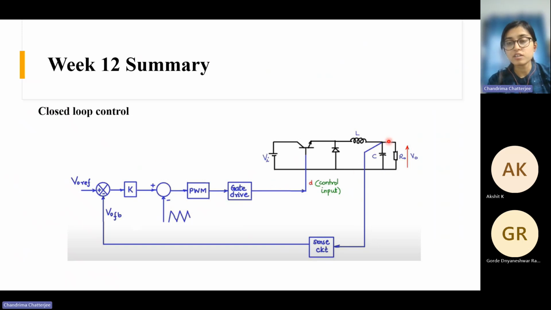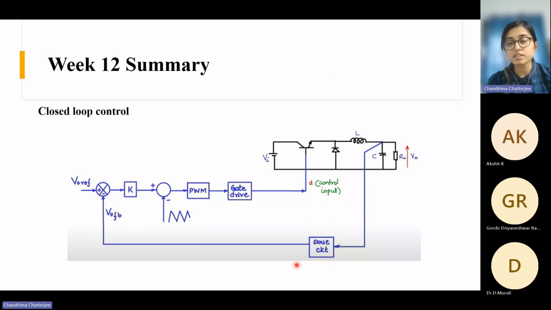So first of all, here there is a sensing circuit. The sensing circuit is required so that, suppose you want to regulate the output voltage, you will sense the output voltage, and then step it down via a resistive divider or some kind of circuit that will attenuate it, and pass it through the sensing circuit, right?